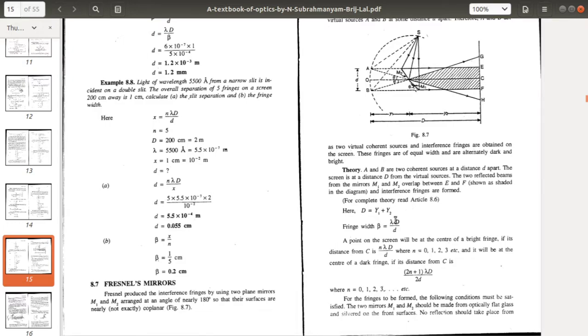We have seen capital D is nothing but Y1 plus Y2, which is the distance between the virtual sources and the screen.